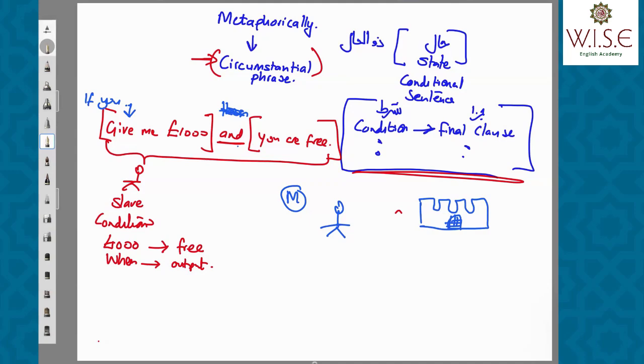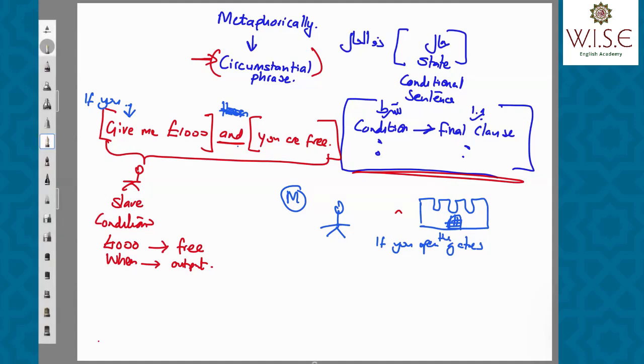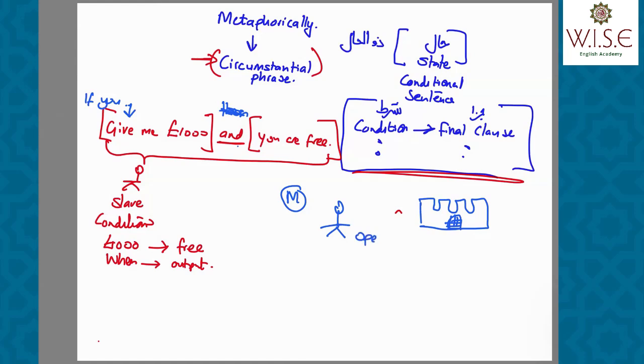Well, I know castles now are just for looking at and admiring, but say he says to them, open the gates, oh sorry, I've done it the wrong way around. Let me go back. He's instructing them, open the gates and you are free.